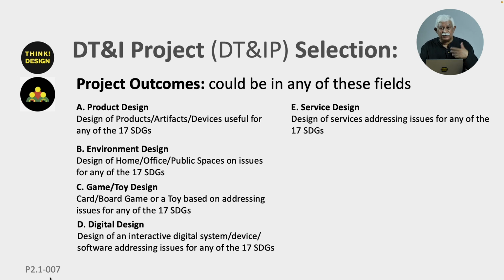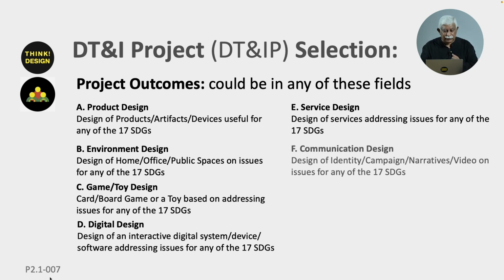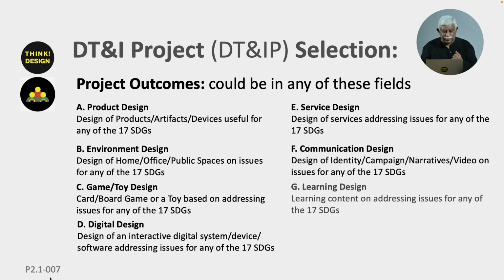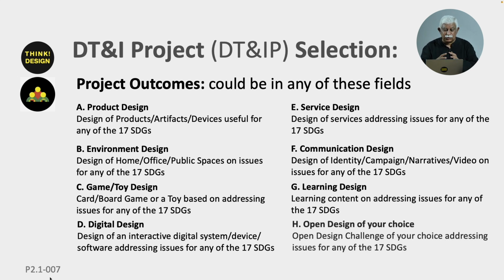Service design, that means you are addressing a service like banking or marketing or going through an airport. Communication design, it could be identity, campaigns, narratives, a video on the subject. It could have to do with learning. It could also be something that is of your own choice, which is not mentioned here.